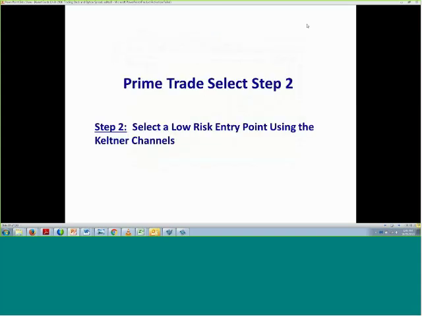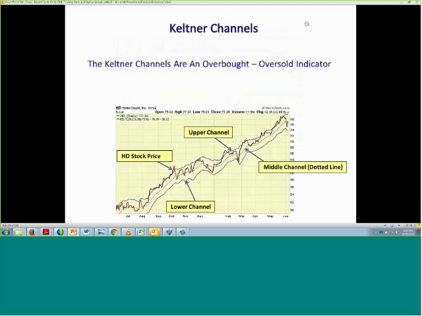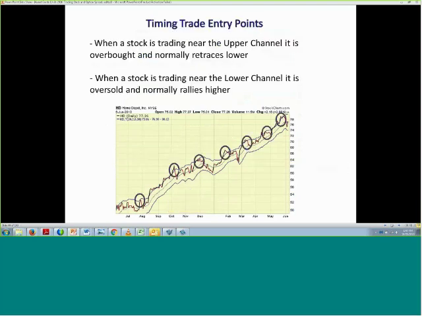Okay, and the second step in selecting a stock directional trade is to select a low-risk entry point using the Keltner channels. And the Keltner channels act as an overbought, oversold indicator. And when a stock is trading near the upper channel, it's becoming overbought, and it will normally retrace to the middle or lower channel.